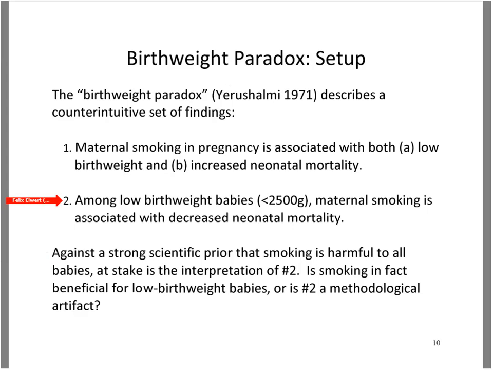of a methodological artifact? So a number of scholars have suggested solutions to this problem. I will review here the one that has gotten a lot of play in recent literature and has assumed an important place in working with DAGs in this type of research.